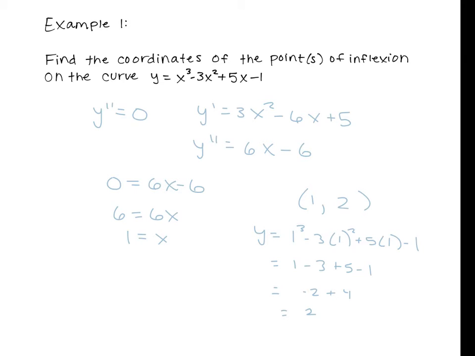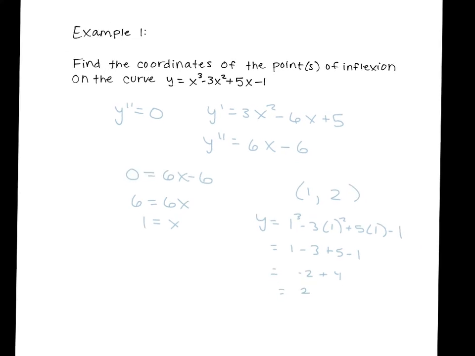But just because we got that that's when the second derivative is 0 doesn't mean it is for sure an inflection point. We have to test it out. Okay? And so similar to finding stationary points, finding inflection points has 2 options. Again, one with the first derivative and one with the second derivative. So here are our options.